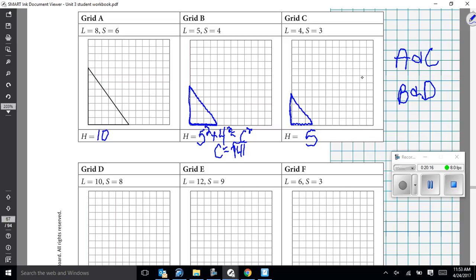And then these two are similar. If we set up 8 over 12, does that equal 6 over 9? Yep, 1.5.